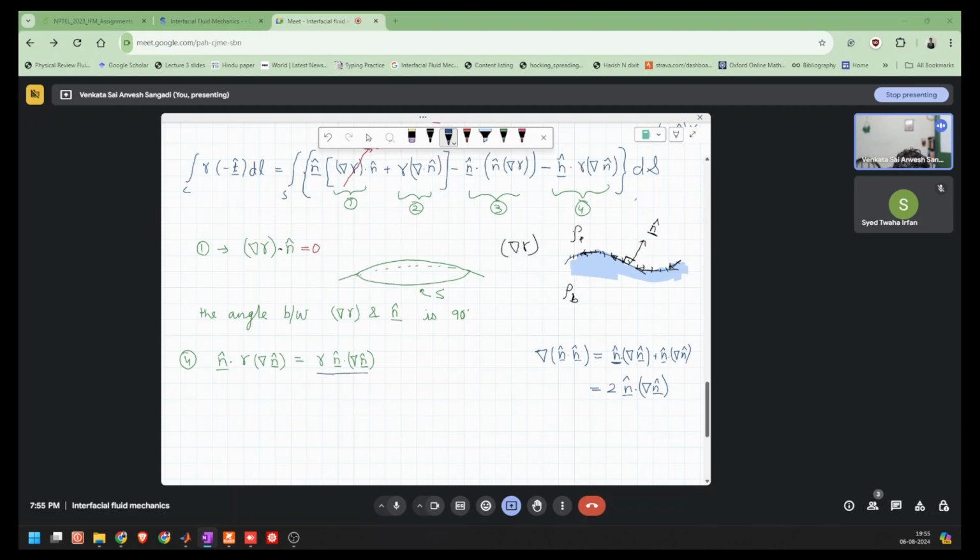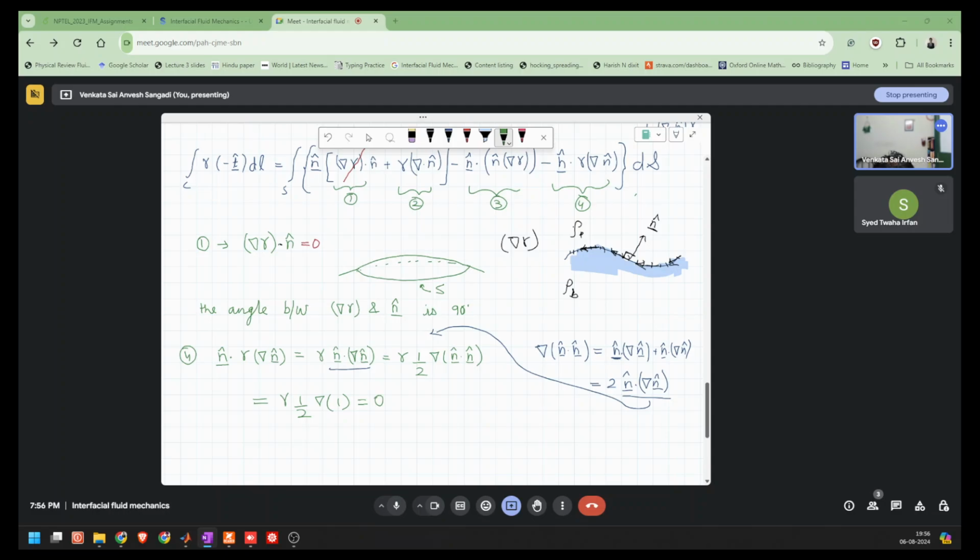So these two, not the entire thing, these two are the same. Substituting this back into the equation, we have gamma times 1 by 2 gradient of n cap dot n cap, which is equal to simply the gradient of a constant, and the gradient of any constant is equal to 0.